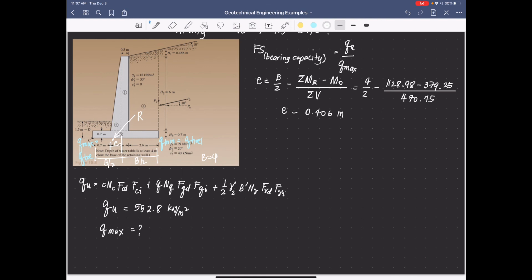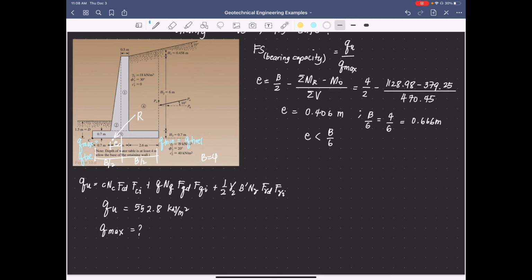And this value will have to be checked against the B over 6. Our B over 6 is equivalent to 4 over 6, which is equivalent to 0.666 meters. And obviously, e is less than B over 6 here.